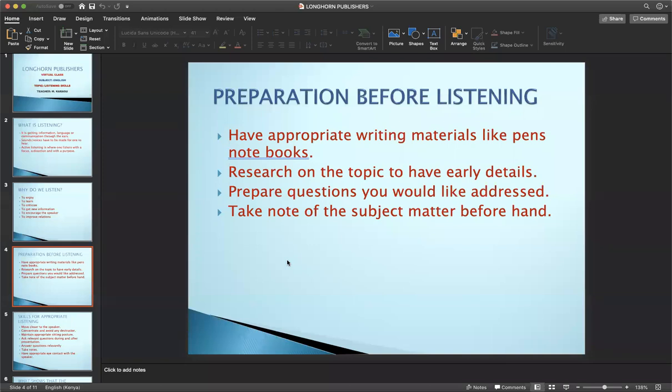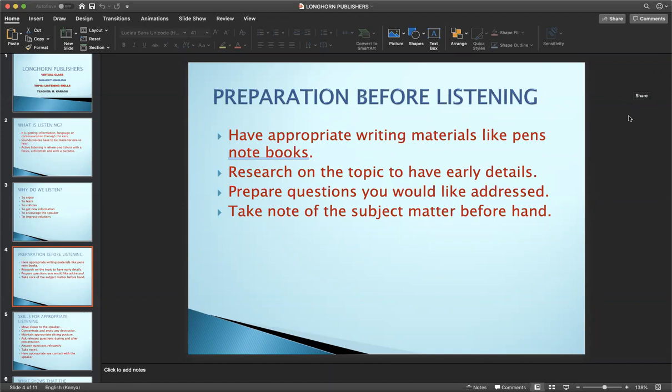In other words, you're going to have prior information before the speaker gives you the speech. So you need to prepare questions you would like addressed by the speaker. Once you've researched, you may also have a few questions which you would like addressed by the speaker.